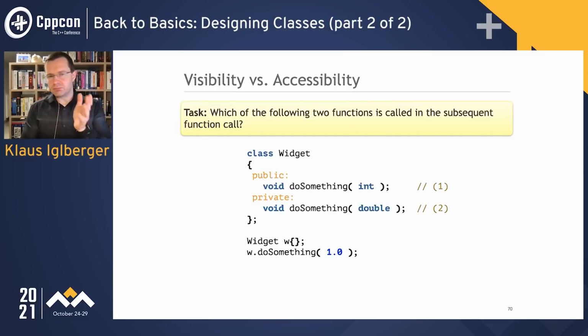At some point, probably in the main function, I create a widget, and I say doSomething, and I pass a 1.0. Now think about this for a couple of seconds. Which of these two functions is called? Function 1, the public one, or function 2, the private one?